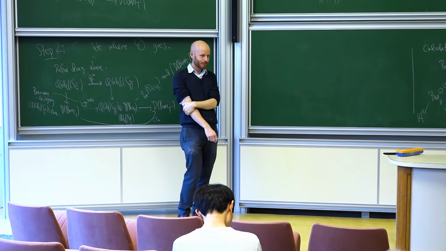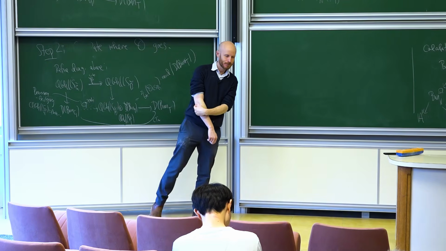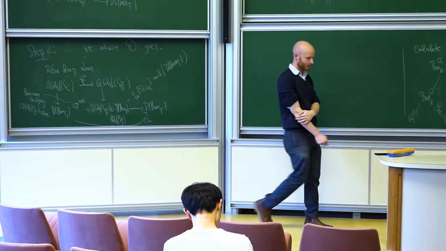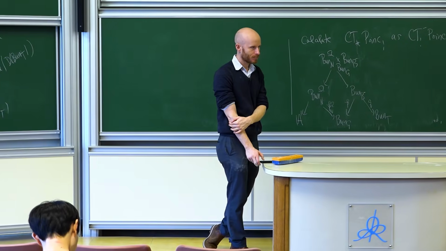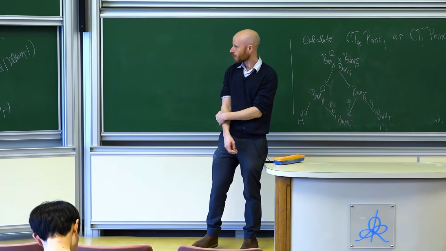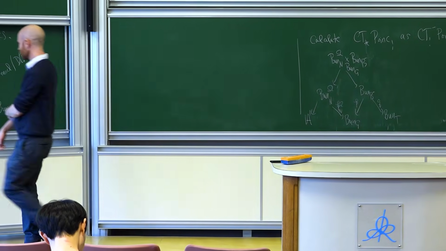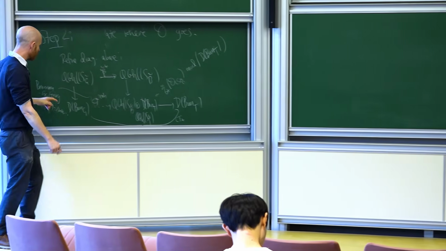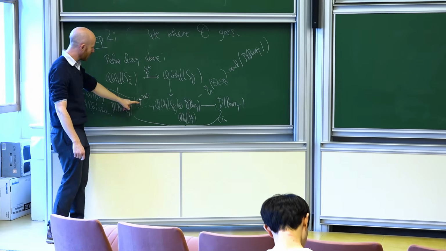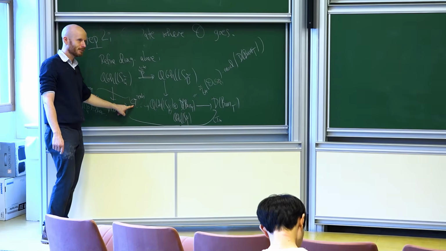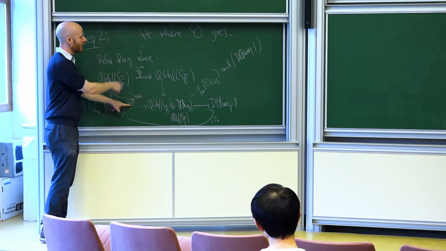Other questions? So this work, Braverman, is where it shows that this square is commutative together with a linear structure. No, I would say what they do is they construct this functor, and I'm explaining how to.